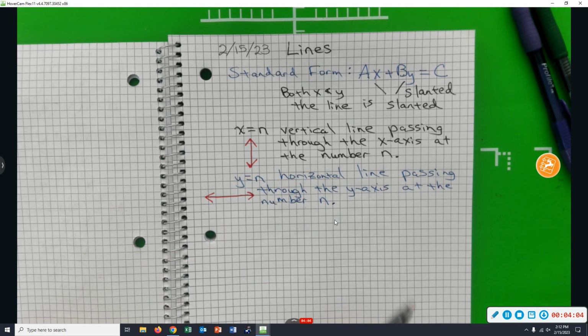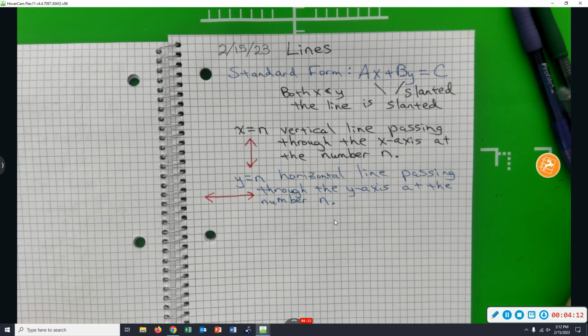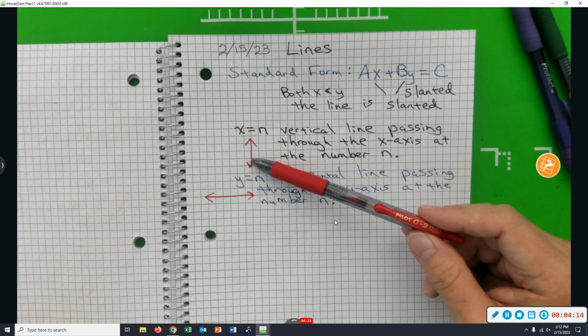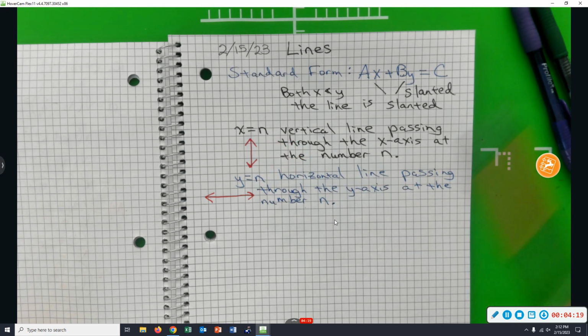There are 3 broad types of lines. You have your slanted line; the equation has an x and a y in it. You have vertical lines; your equation has an x but no y. The third type is a horizontal line; that equation has the letter y but no x.